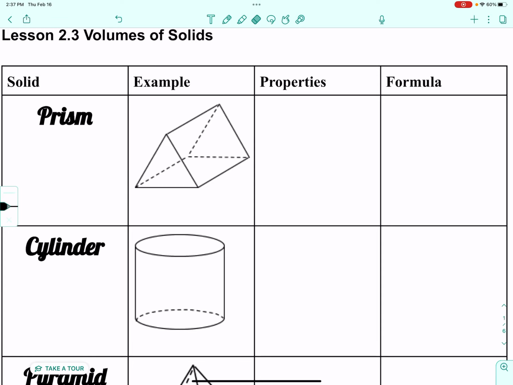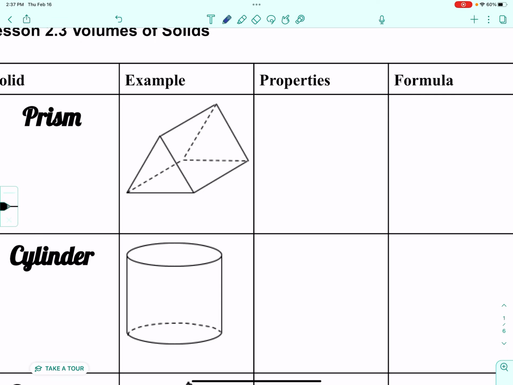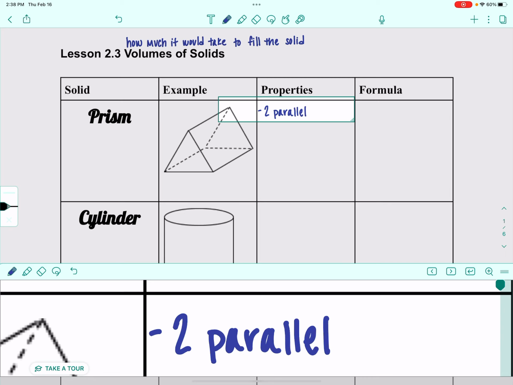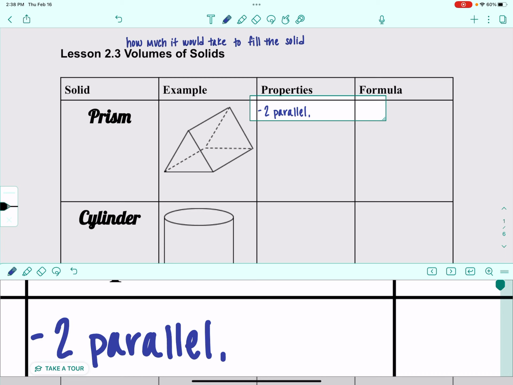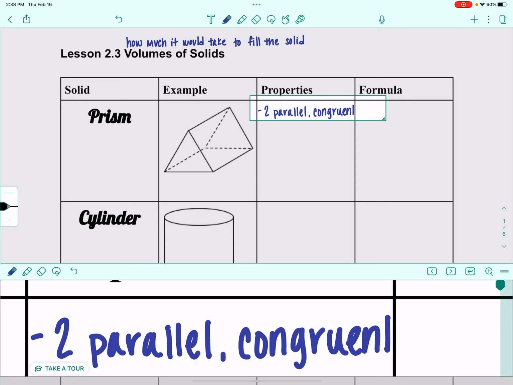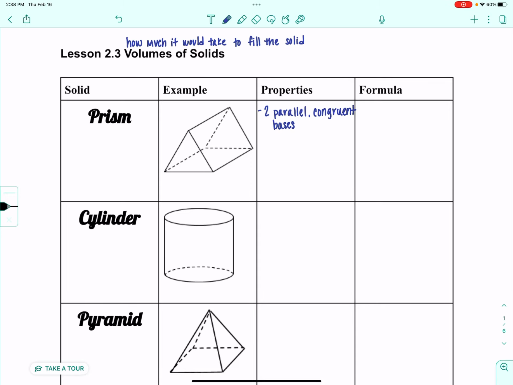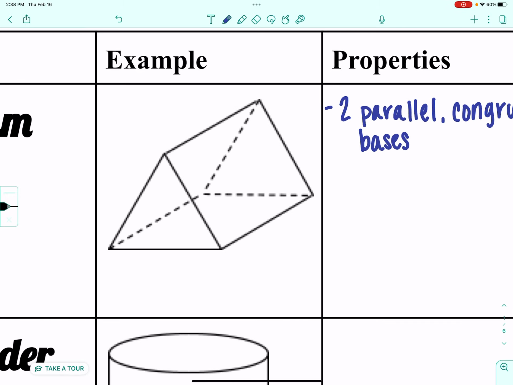In a prism, you will always have 2 parallel, congruent bases. That means we're going to have 2 shapes on our prism that are exactly the same size, and they will never touch each other.